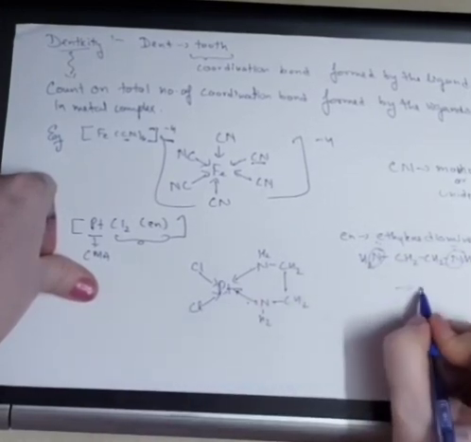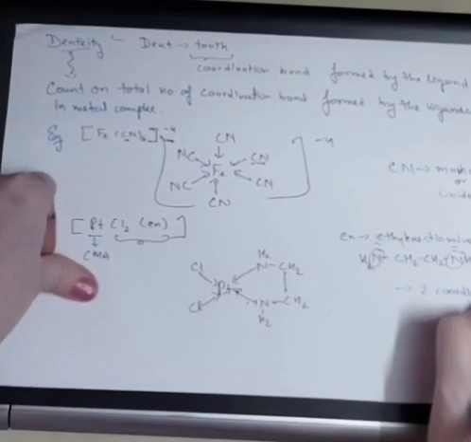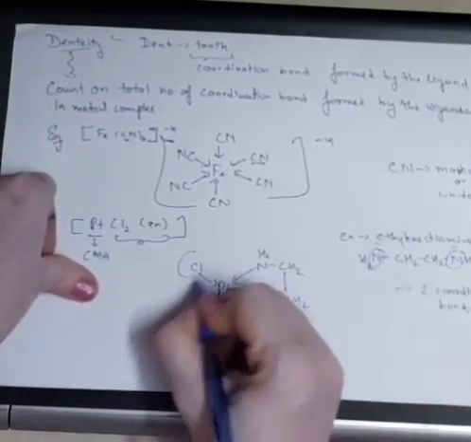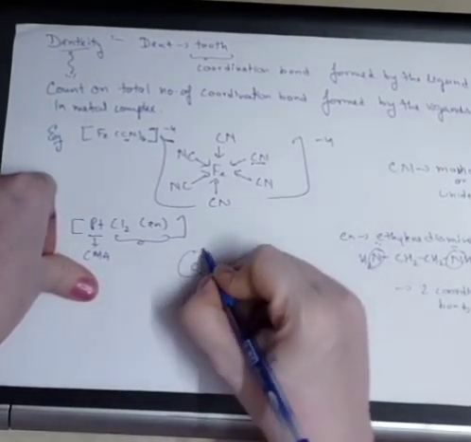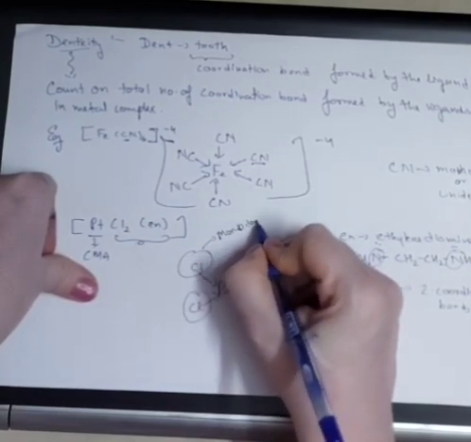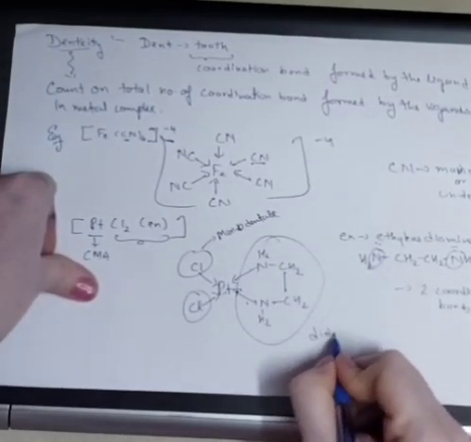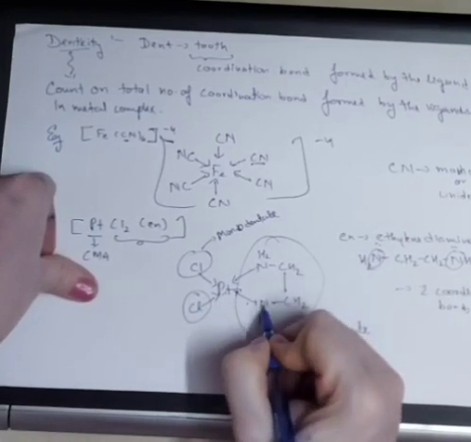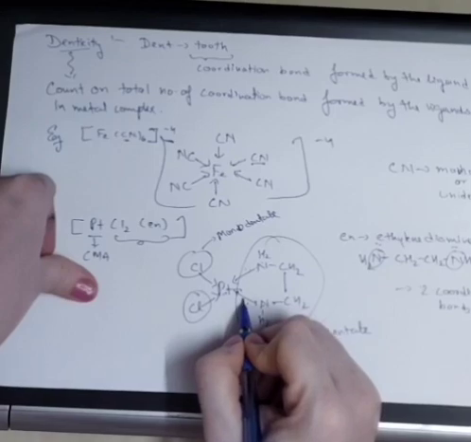It is forming 2 coordination bonds, and these chlorine atoms form only one coordination bond. So we can say that this is monodentate and this is didentate. Why is it didentate? Because 2 nitrogens are there in the molecule and they are forming 2 coordination bonds.